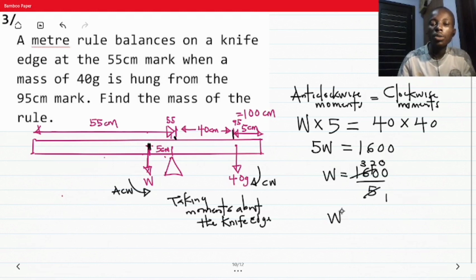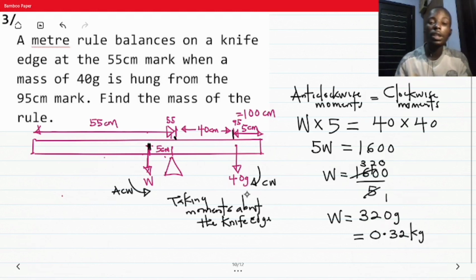So our W is 320 grams, and that's the same as 0.32 kilogram. The other mass was given in grams, but it's still okay this way. So that's the third example.